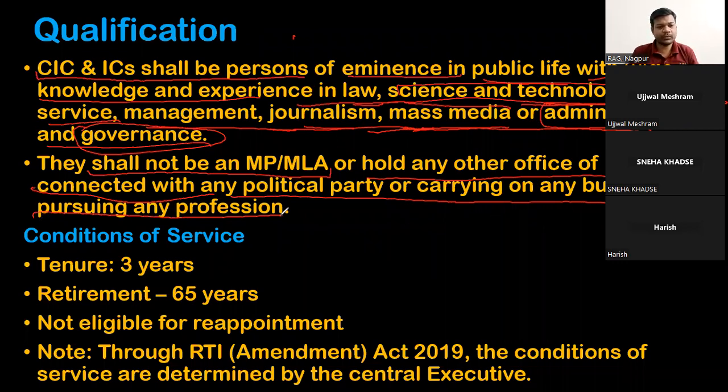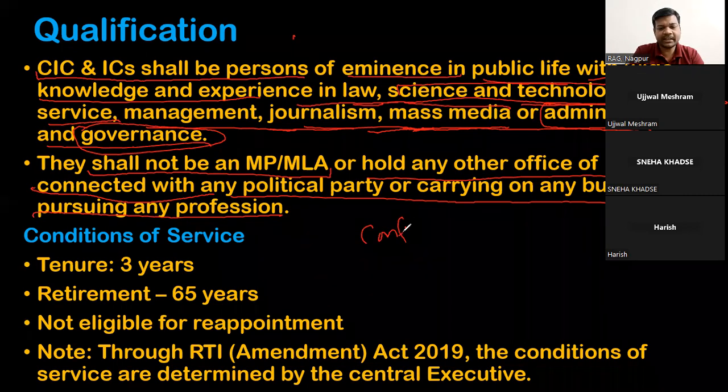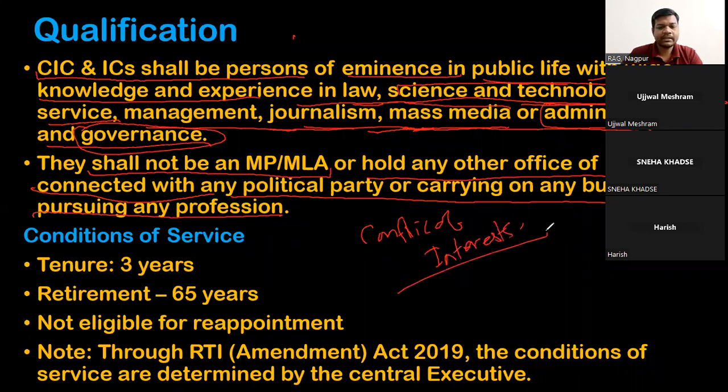Basically, the person who is to be appointed should be jobless, completely free of all responsibilities, so that there should not be any kind of conflict of interest, right?